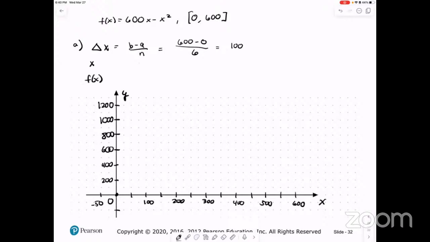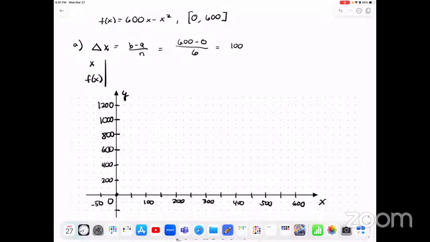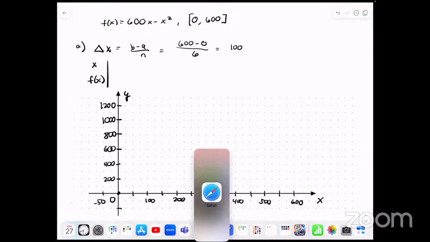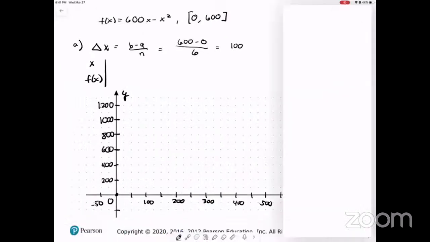And let me think. Okay. What I'll do just to make it a little bit faster, I'm going to use my calculator. I guess this is fine. Use my other one, but that's okay.